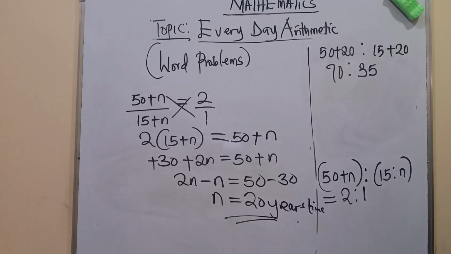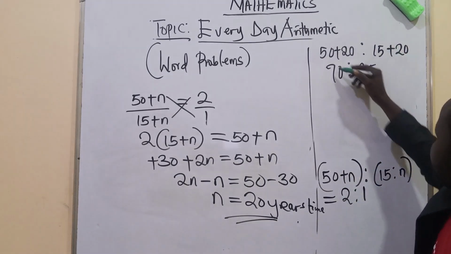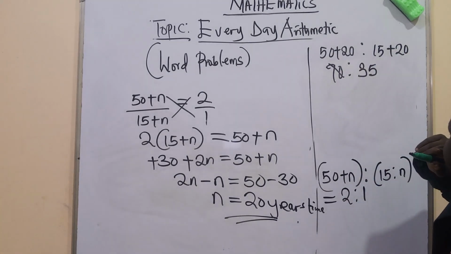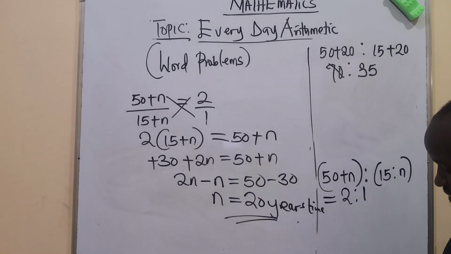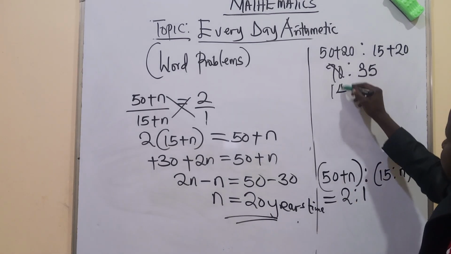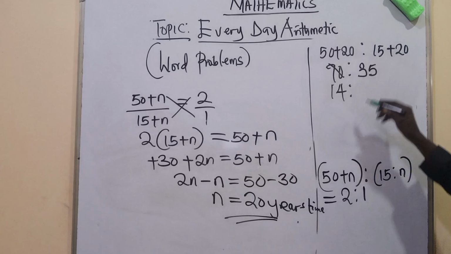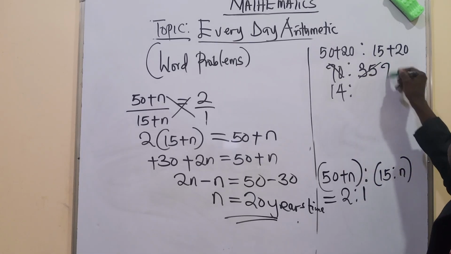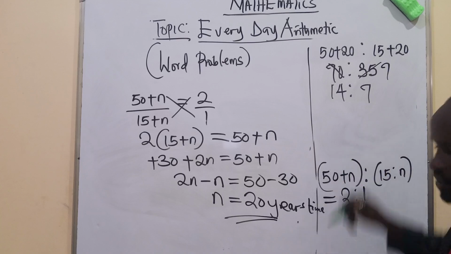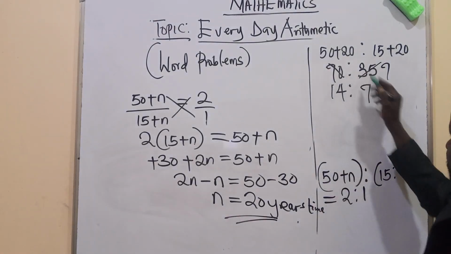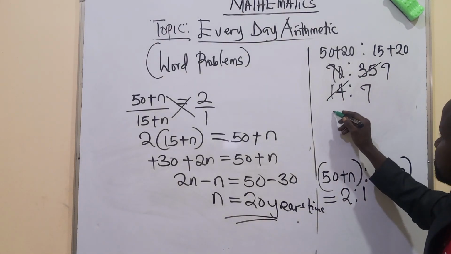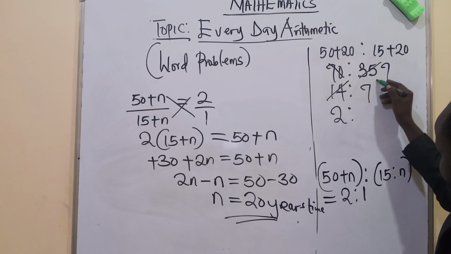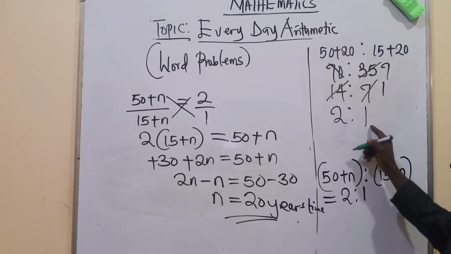Let's reduce this. 5 into 70, let's divide 70 by 5. That will be 14. Then 5 into 35, that will be 7. We have 14 ratio 7. Again, we can use 7 to divide 7 into 14. It will be 2 ratio, 7 into 7 is 1. You see, we have 2 ratio 1.